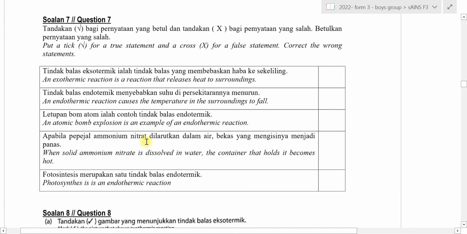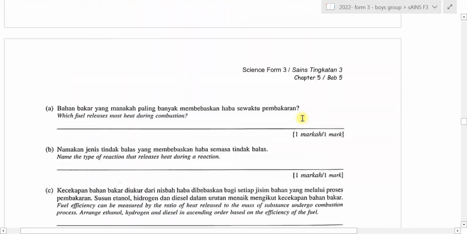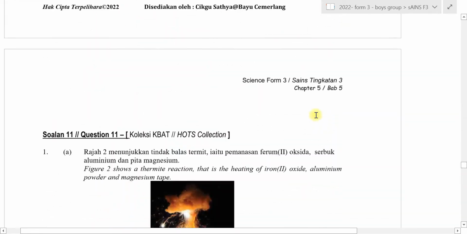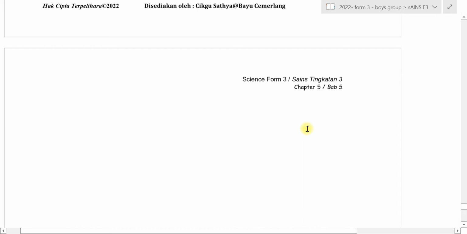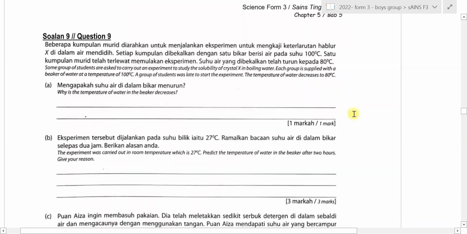Do the first 7 questions, all short answer questions. Then we will enter the structure type. All the structure type I put at the end. Okay, do the first 7 questions, guys. Start now.